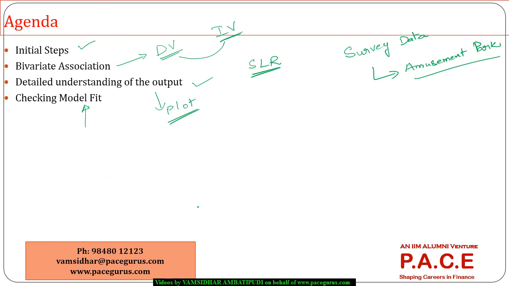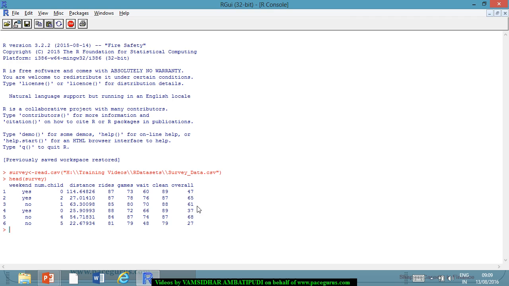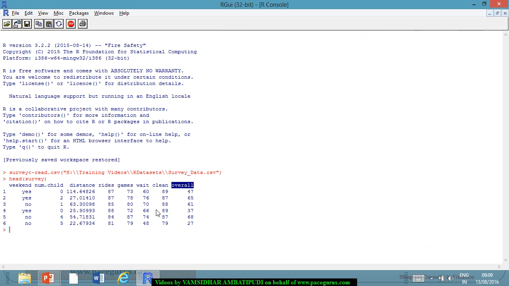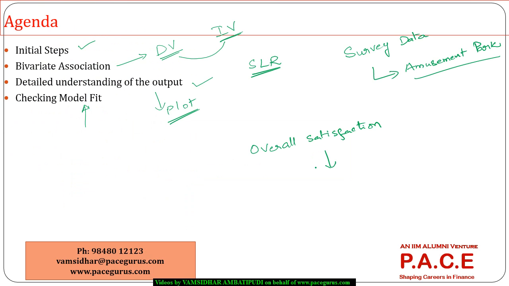We will try to do a simple linear regression to understand the relationship with a dependent variable. Here I'll take the overall satisfaction as the dependent variable. I really want to link it with games related satisfaction.